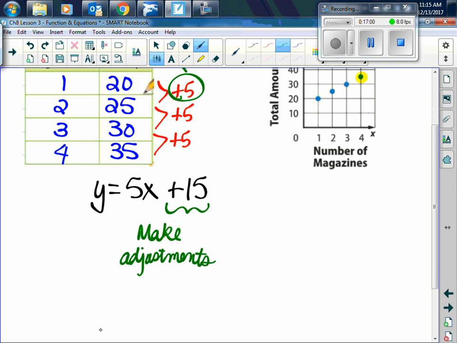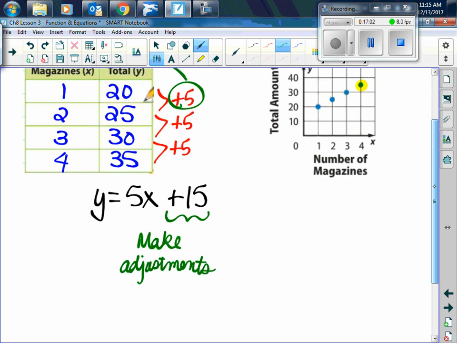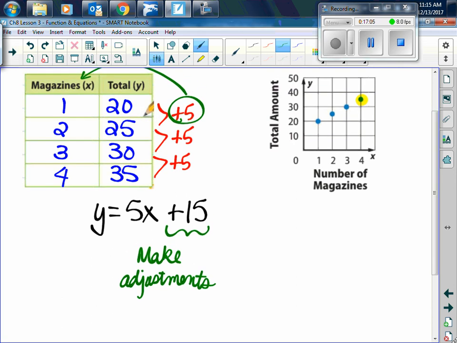Now that you've made that adjustment and you have your equation, we need to check to make sure that we do actually get that y value. So the first thing we want to do is substitute 5 times 1 and then add 15. And of course, 5 times 1 is 5 plus 15, 20.